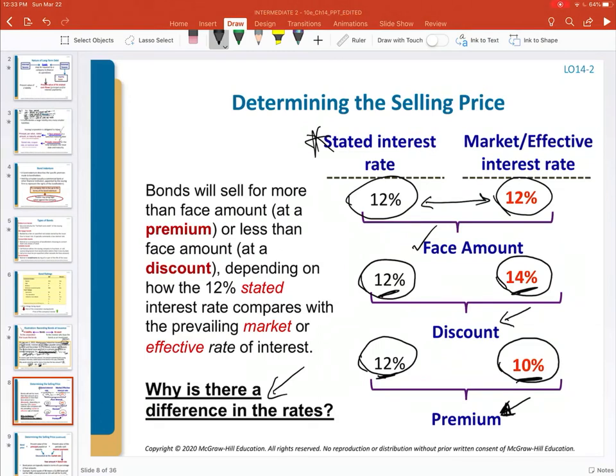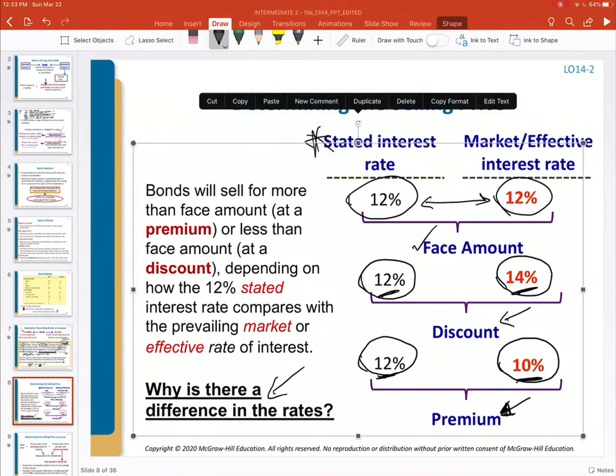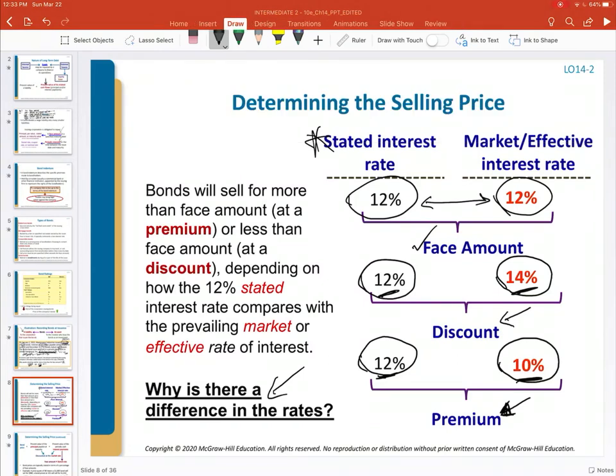So the last thing that I want to mention is when we in the next video start going through the calculations where we have to calculate the value of our bonds given these different rates, what we want to keep in mind, and what we mentioned already in a previous video, is that the stated rate is what we are going to be using to calculate our payment. So the stated rate is used to calculate the interest payment.